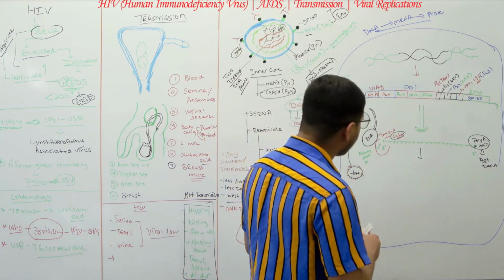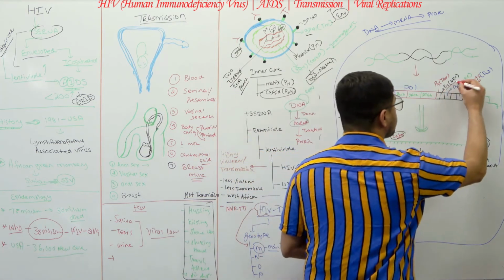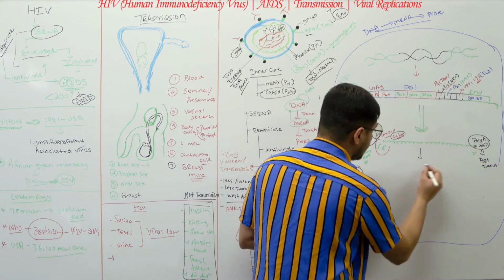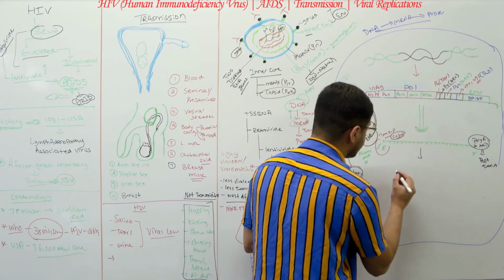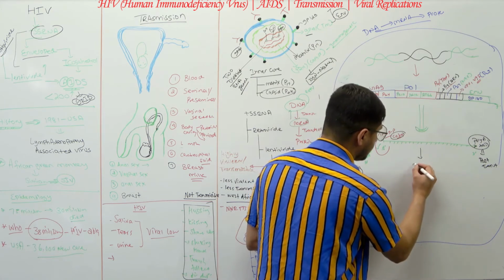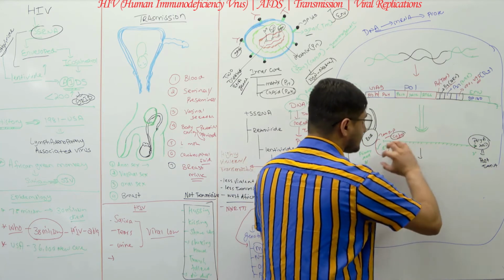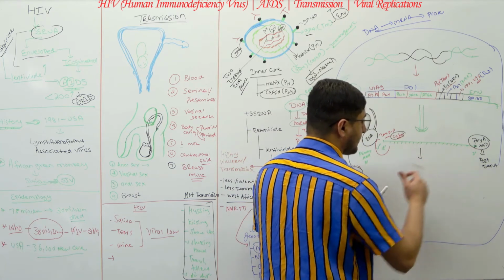After this, there's also P17. The whole concept is this: you make the messenger RNA. Let me write it down in green.